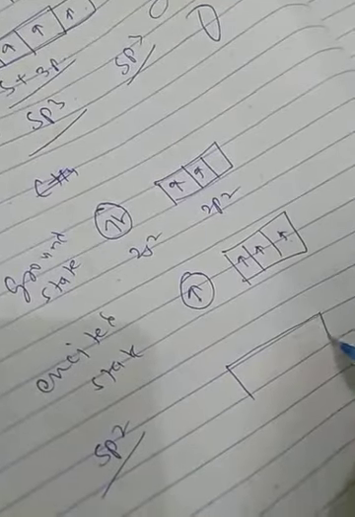But in sp2 hybridization, what is going on? There is mixing of the s and 2 p orbitals, and this electron remains unpaired, meaning it is not taking part in hybridization. So it is a free electron.